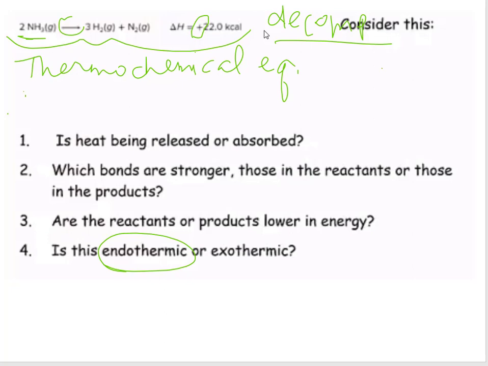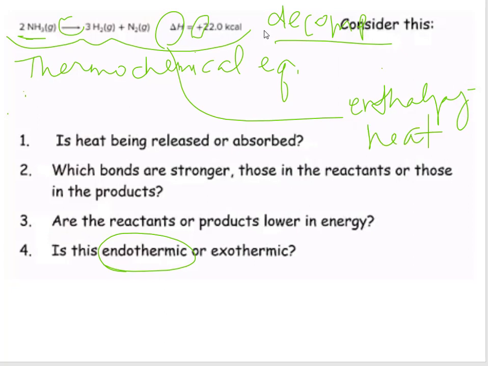My delta H, remember that delta H stands for enthalpy, how much heat, which is equal to heat. And since it's positive, that means that heat is needed to break apart those bonds. So this is going to look like a graph like this where my reactants are down here.